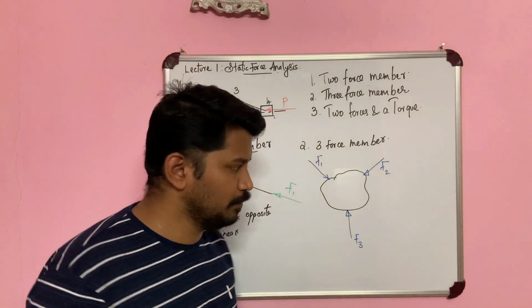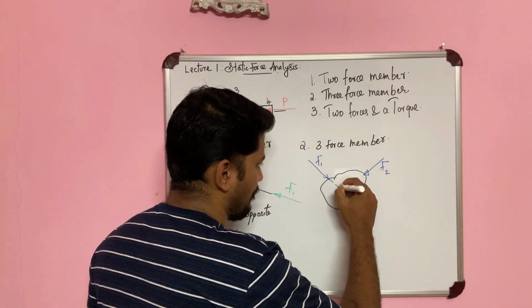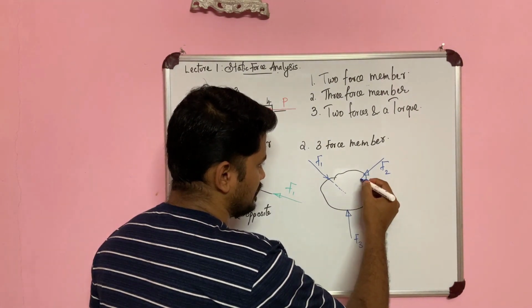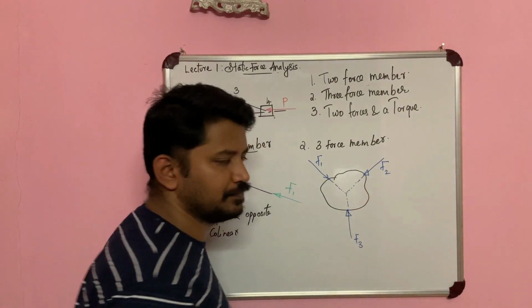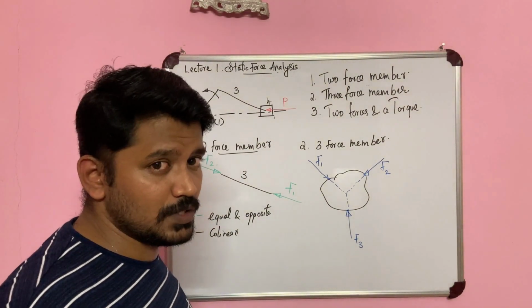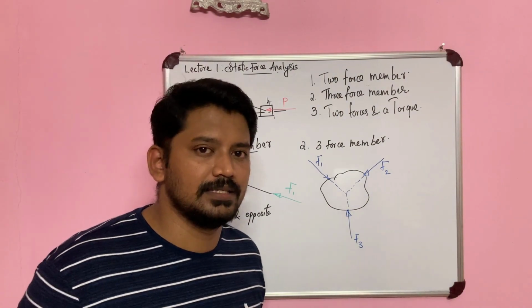So as per rule, these three forces will meet at one point and the resultant of these three forces will be 0.